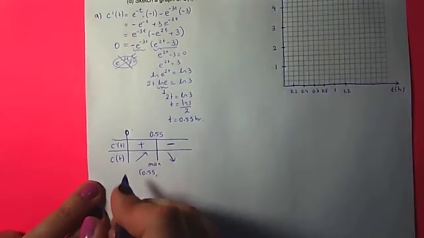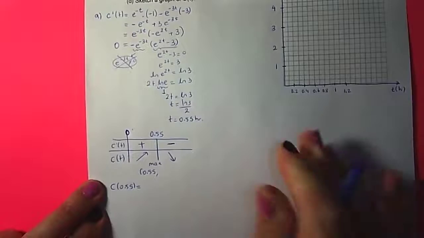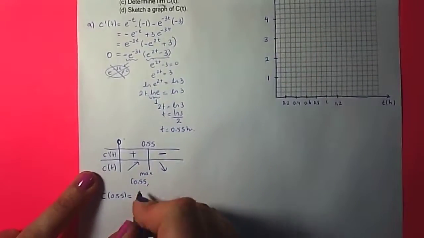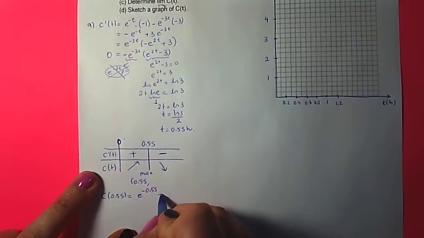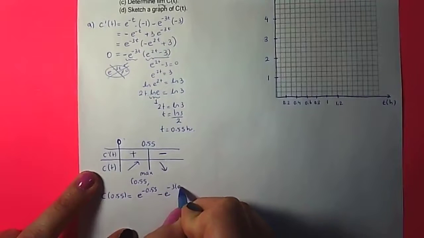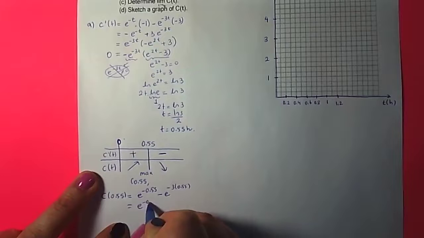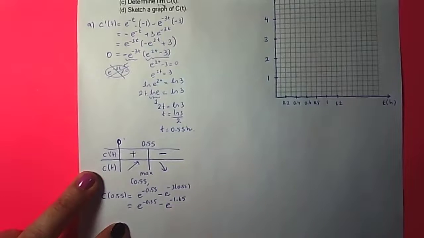So we can just sub this 0.55 into the original function to get the concentration level. So that is e to the power of negative t, e to the power of negative 0.55 minus e to the power of negative 3 times 0.55. So we have e to the power of negative 0.55 minus e to the power of negative 1.65.